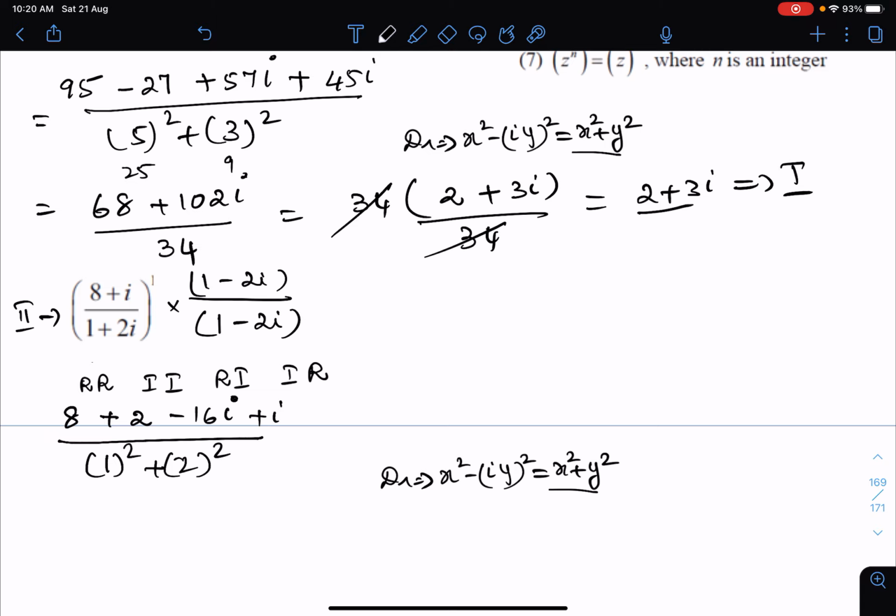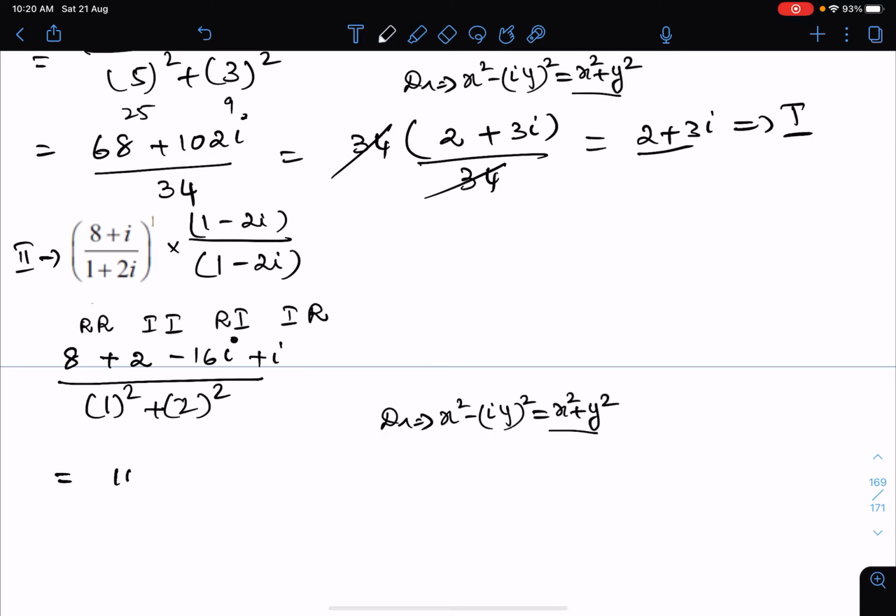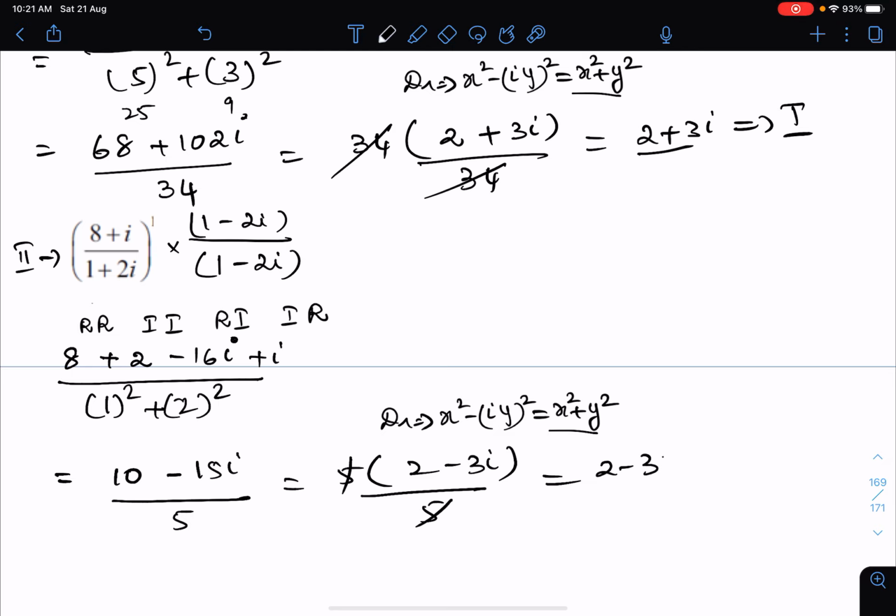The same fact, i square equals minus 1, it becomes plus. Simplifying, 8 plus 2 gives you 10, and minus 16i plus i gives you minus 15i, over 4 plus 1, 5. Taking 5 as the common factor, you get 2 minus 3i by 5, and the 5s get cancelled. So our second Roman letter is going to be 2 minus 3i.